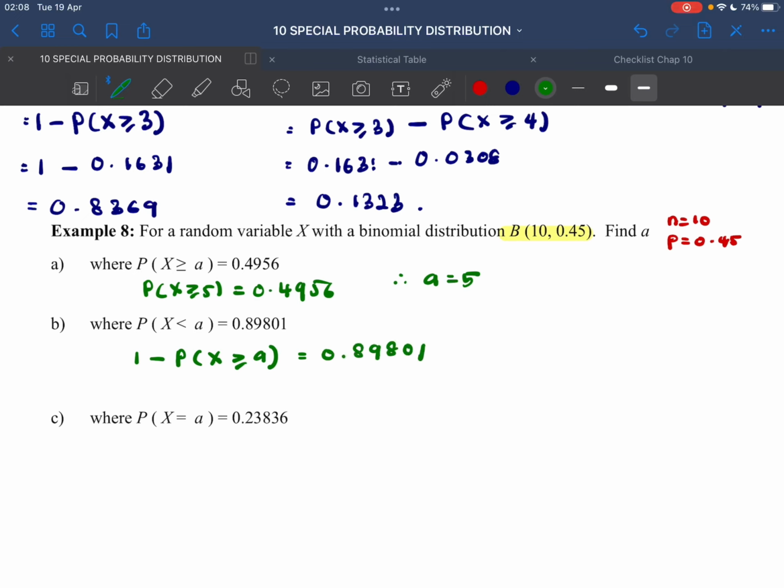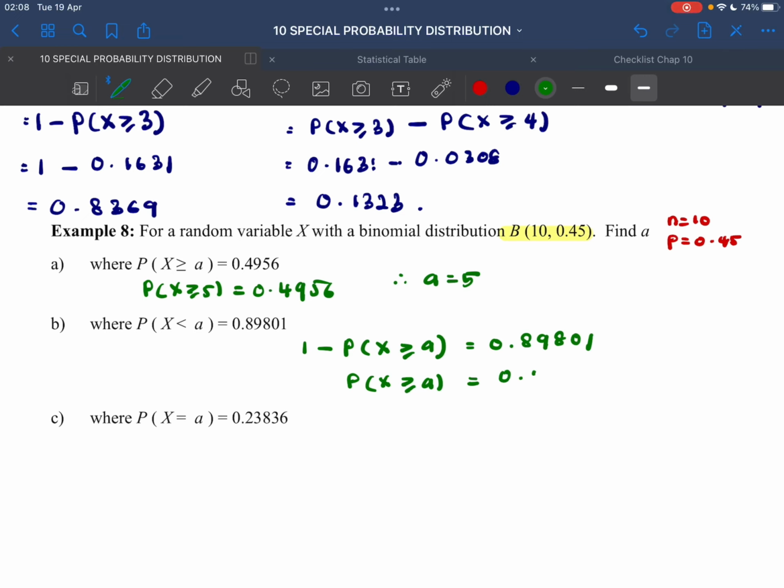Okay, sekejap saya pindah sini sikit. So satu tolak tu kita boleh bawa pergi sebelah, and we have P(X ≥ A) equals 1 minus 0.89801, we have 0.10199. Okay, so this one here, probability dah greater than equal, we can just go straight to the table.